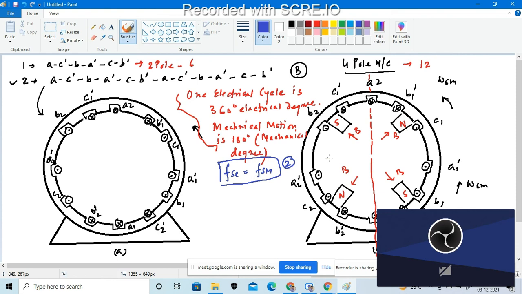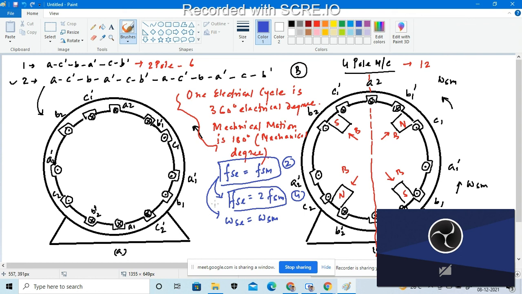But in case of a four pole machine, the equation will change. The f of AC will equal 2 times f of SM. Okay, for the four pole machine, right? Similarly, for the two pole machine, omega of AC is omega of SM.